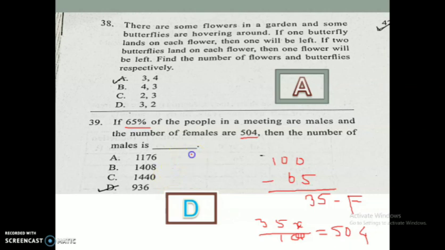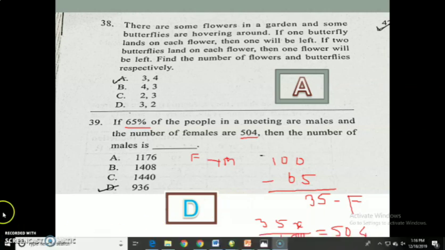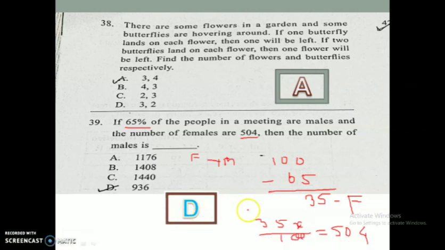And from this value of x, you can calculate the total number of males, as it is 65%. So 65 into the value of x divided by 100 gives you the male count. In this case, we have obtained the value of x as 1440.